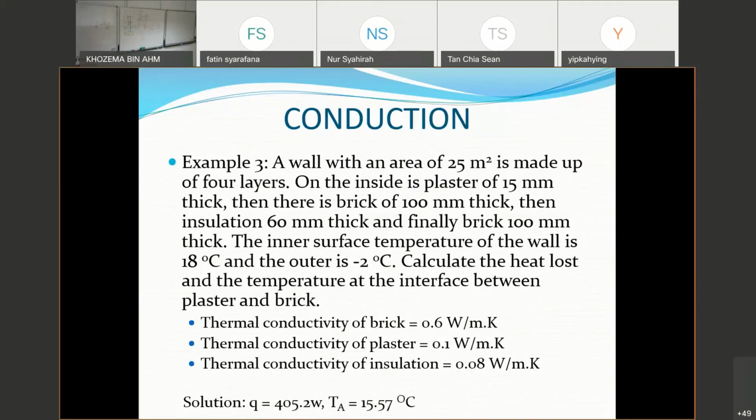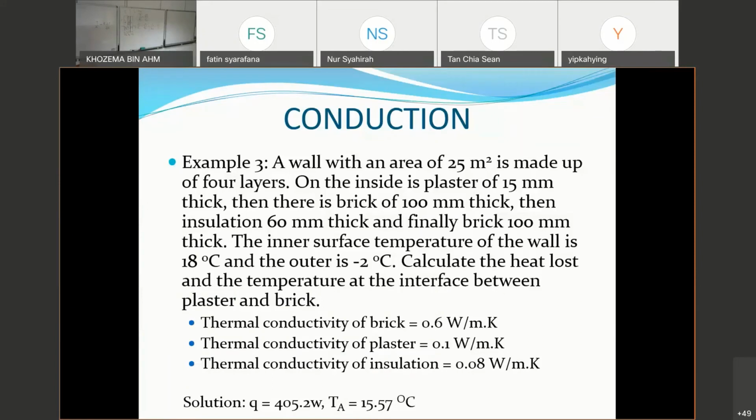Then there is brick of 100 mm thick. Then you have insulation of 60 mm thick. And finally you have 100 mm thick brick again. So the inner surface temperature of the wall is 18 degrees Celsius and the outer temperature is -2 degrees Celsius. Calculate the heat loss and the temperature at the interface between plaster and brick.